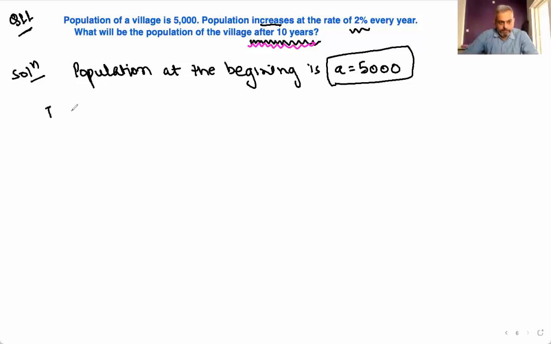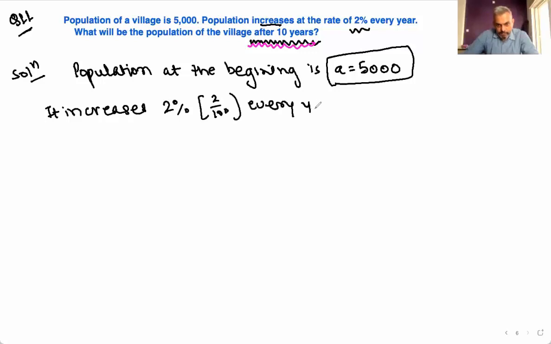It increases 2%, यानी 2/100, every year. Therefore, R is equal to, यानी अगर 100 होता पॉपुलेशन तो अब हो जाता 102. So T2 upon T1, so it is 1.02.